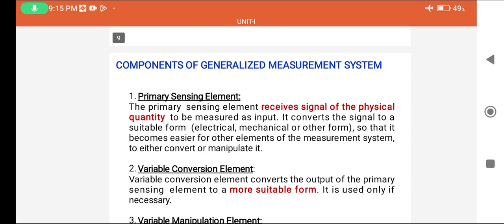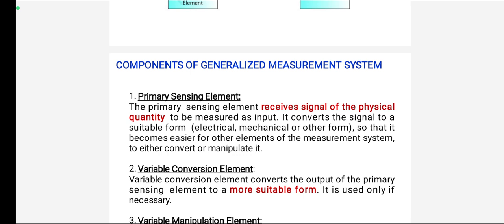So next we go for the components of the generalized measurement system. The first one is the primary sensing element. The primary sensing element receives the signals of the physical quantity to be measured as input. It converts the signal to a suitable form, that means electrical or mechanical or other form, so that it becomes easier for the elements of the measurement system to either convert or manipulate it.